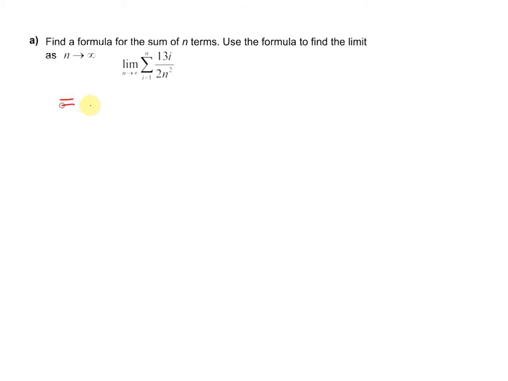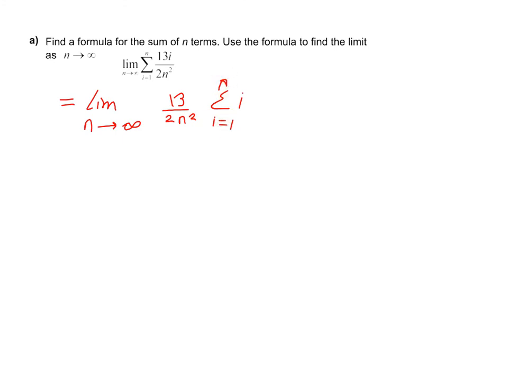Limit as n approaches infinity of 13 over 2n squared, sigma i from i equals 1 up to n.